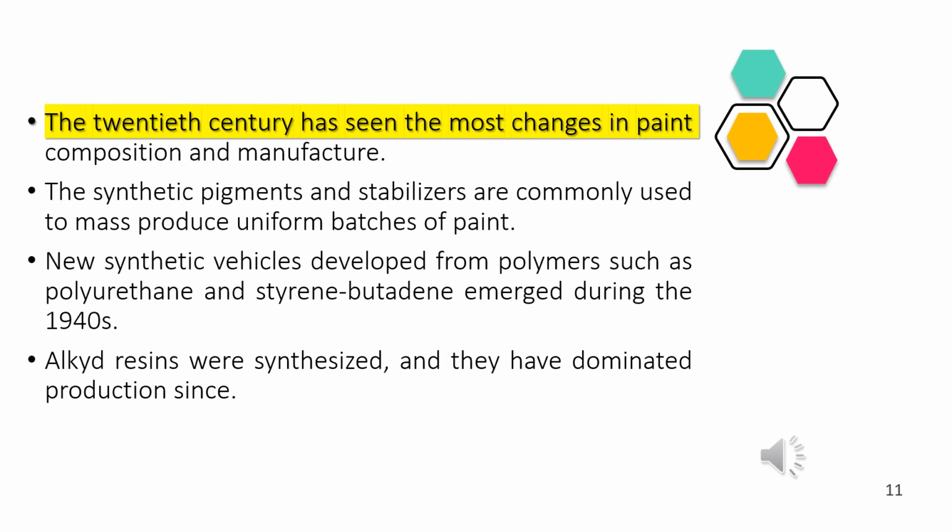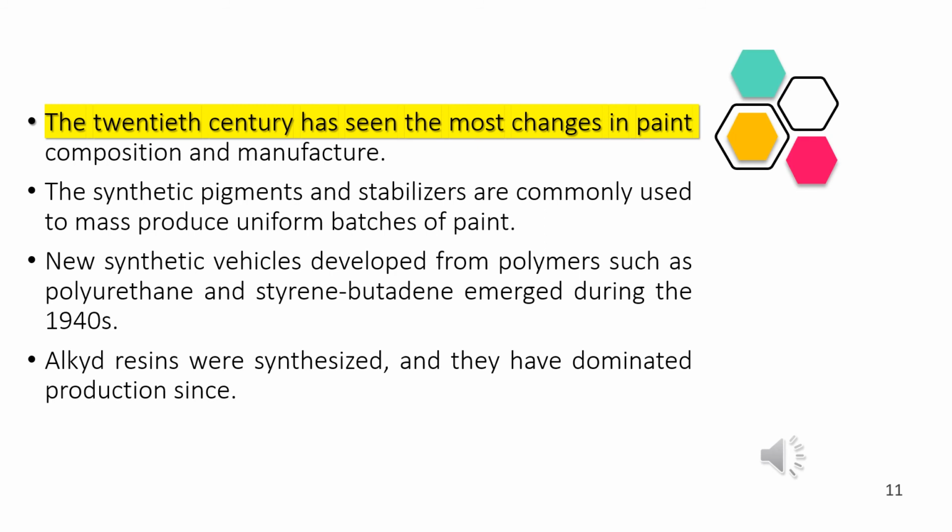The 20th century has seen the most changes in paint composition and manufacture. During the 20th century, various advancements took place in the field of paint. There were various changes in the composition and manufacturing of paint. The synthetic pigments and stabilizers are most commonly used to mass produce uniform batches of paint.